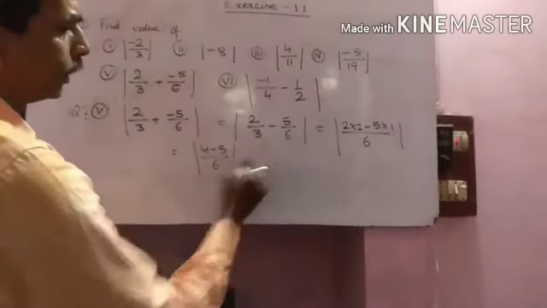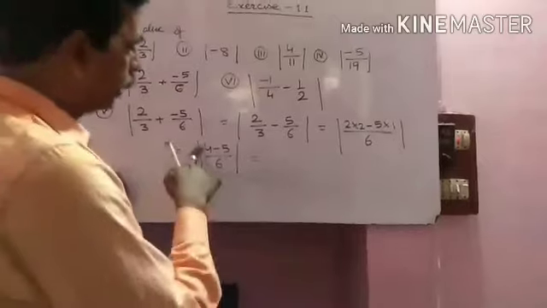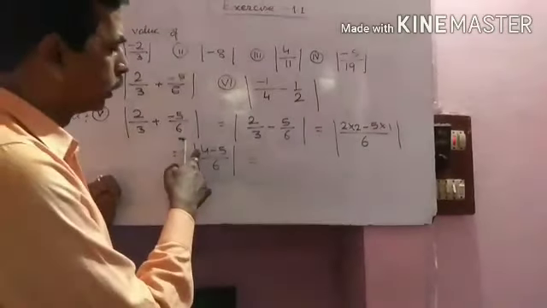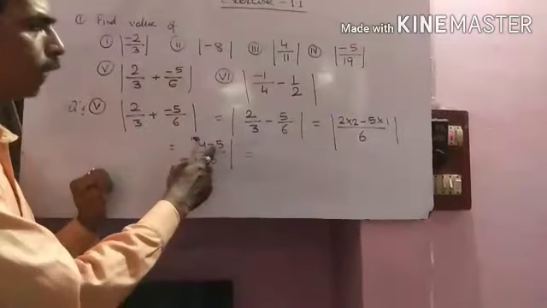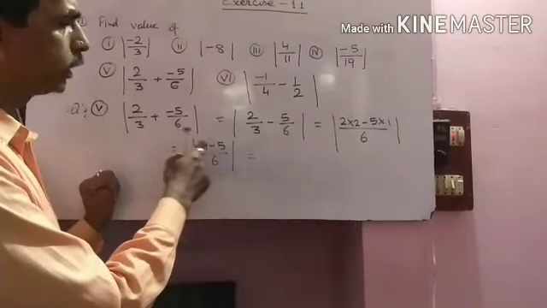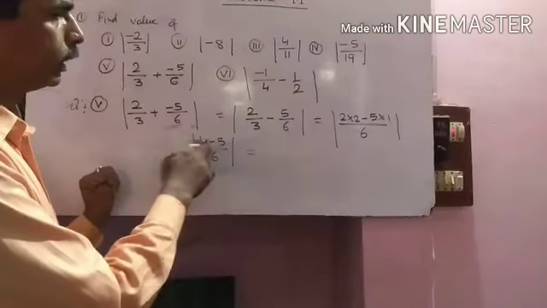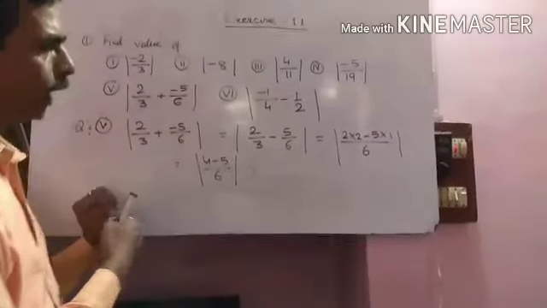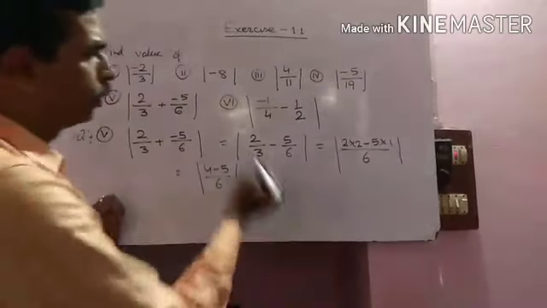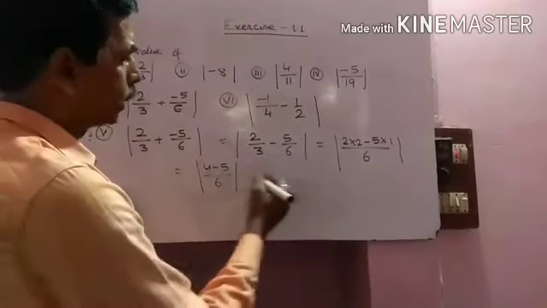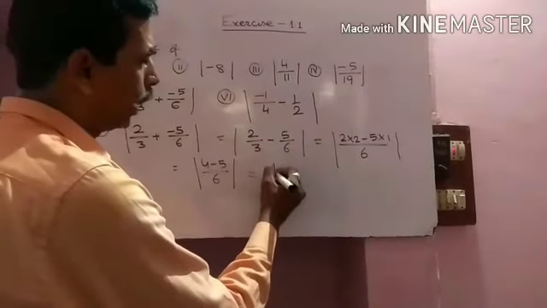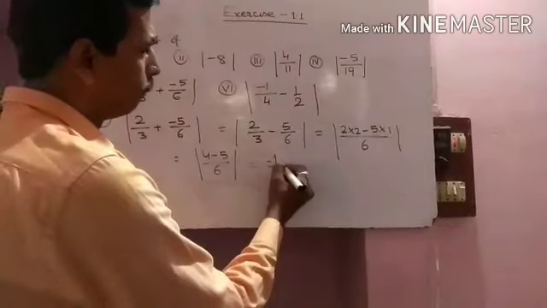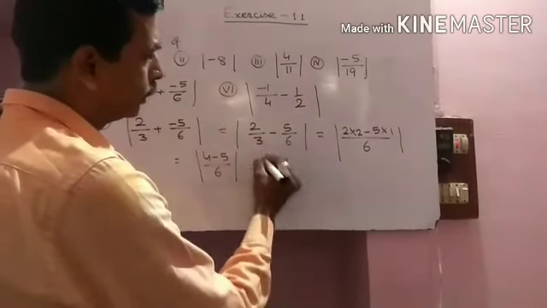Okay. In that case, the sign is different: 4 is positive and 5 is negative. If the sign is different, then we have to subtract smaller from bigger. So 5 minus 4 becomes 1, and the sign of the bigger one, by 6, inside mode.